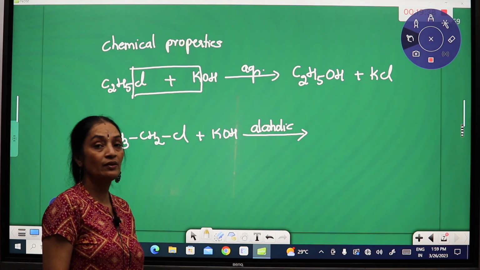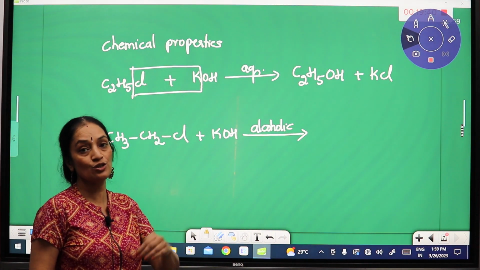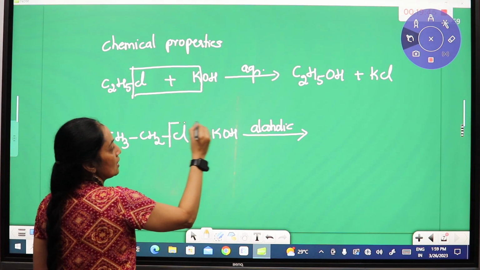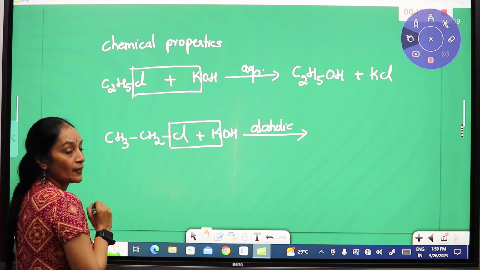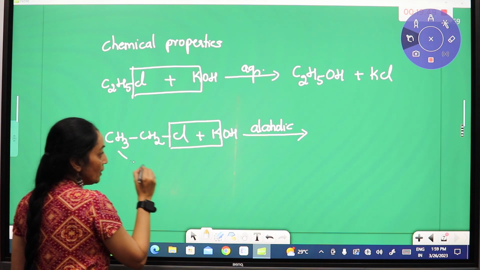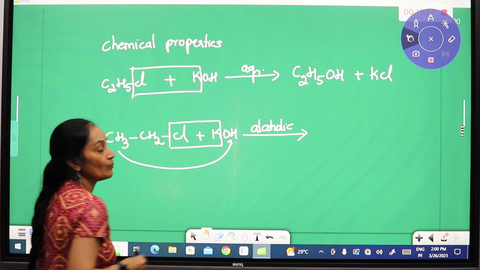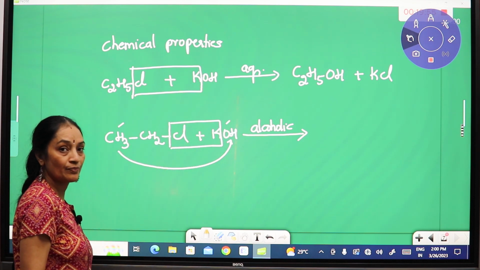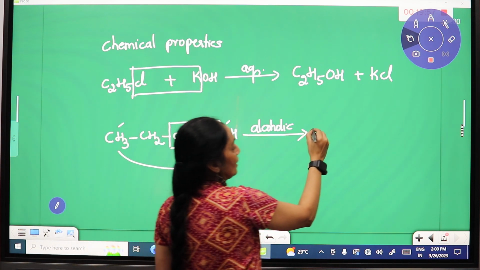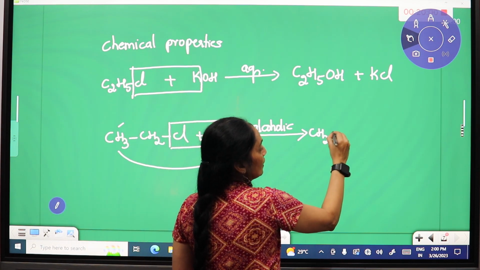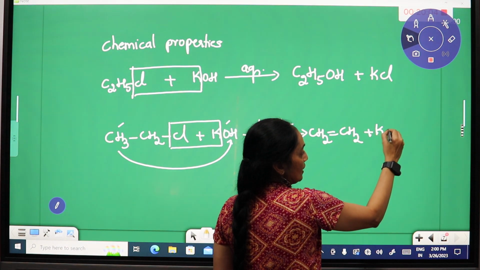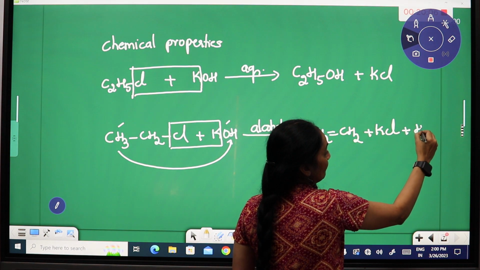I have taken potassium hydroxide and dissolved it in alcohol. In alcoholic medium, what happens is I eliminate KCl and even a water molecule, hydrogen from here and the OH group from here, so that I get CH2=CH2, with elimination of KCl and water.